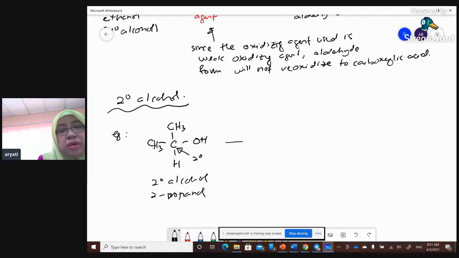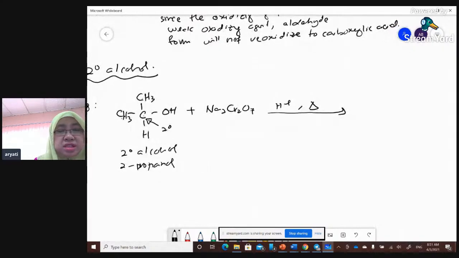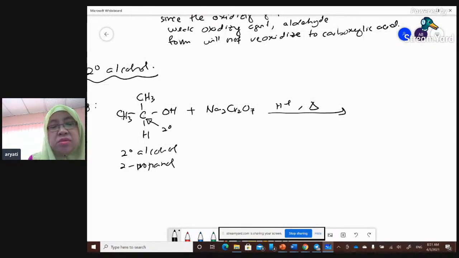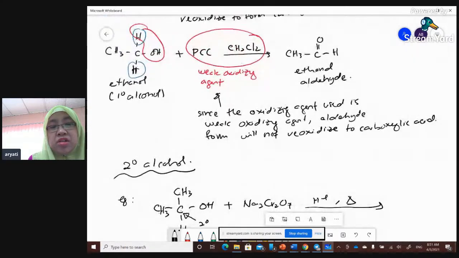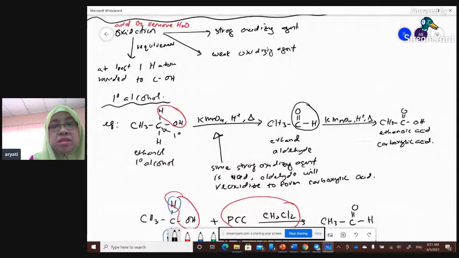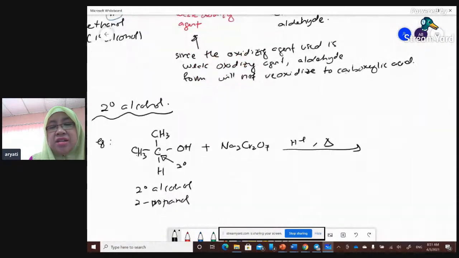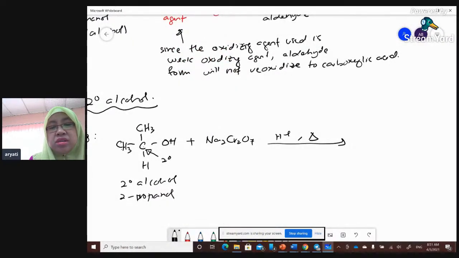Okay, react with let's say sodium chromate, guna oxidizing agent lain, acidic and heat. Ini a type of oxidizing agent. Okay, saya tulis cara penulisan saya macam ni. So maksudnya cara penulisan kamu boleh buat macam ni atau macam ni. So both accepted. Jadi saya nak ingatkan yang dekat bahagian bawah ni ialah condition.